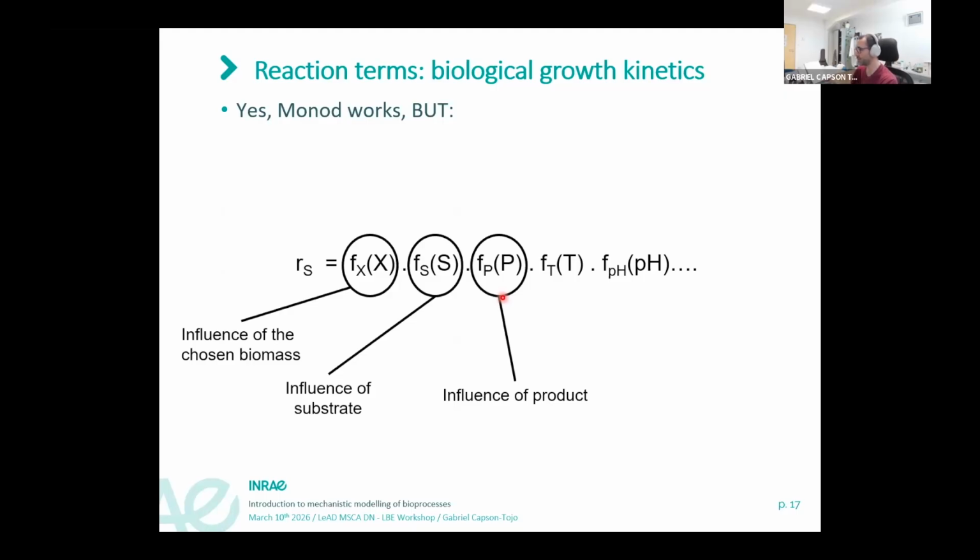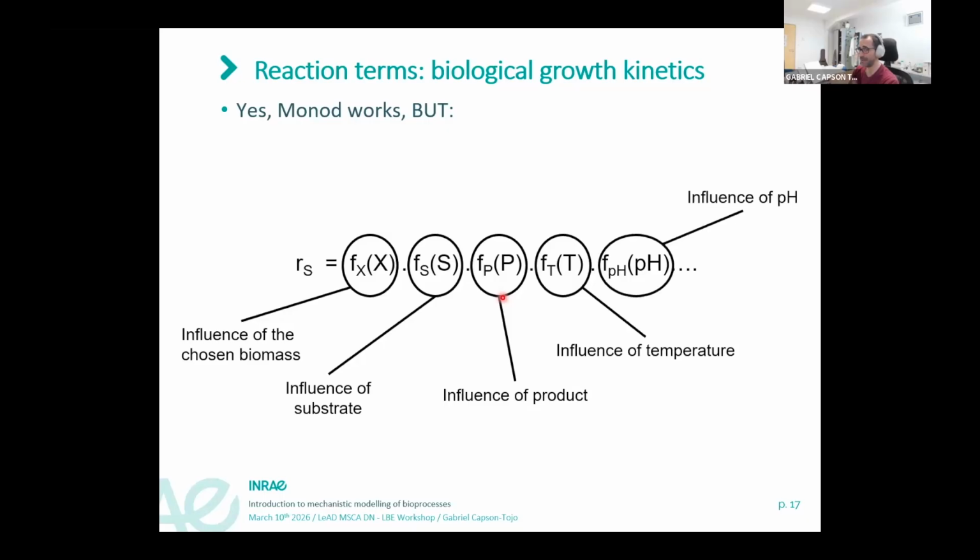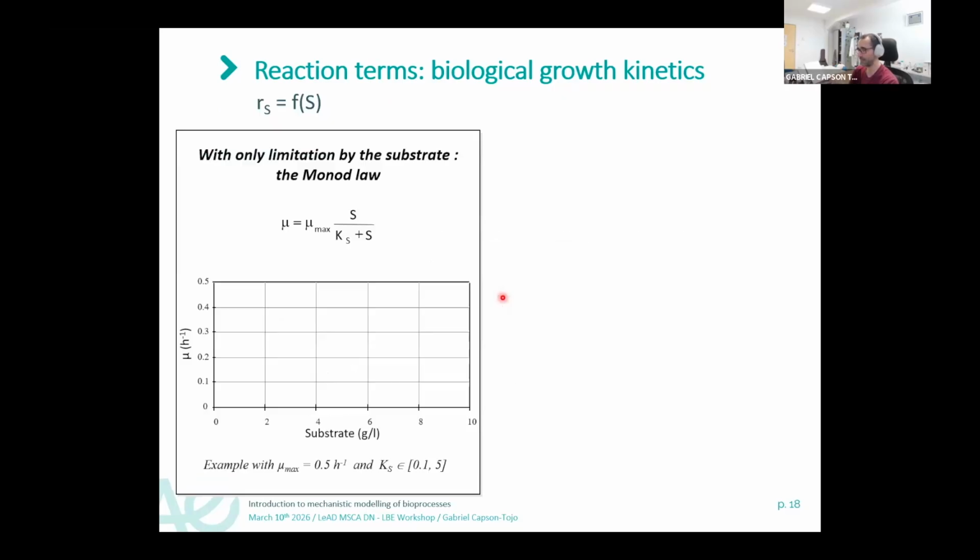So if you accumulate too much product, you have less energy available, and this can affect the growth rate. Most of you might be familiar with Le Chatelier's principle. It's exactly this. Temperature also affects growth rate, and also the pH, and many other factors. So in most cases, we will use Monod models, but depending on the objective of our model, we might need to include different things.